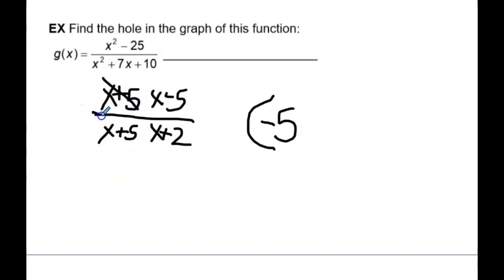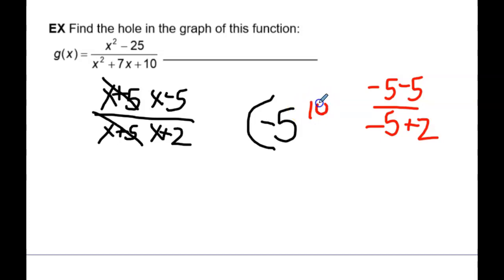Then you cancel that factor, and then you put the negative 5 back in, because now it's going to be negative 5 minus 5 over negative 5 plus 2. Which will be negative 10 over negative 3, or positive 10 thirds.